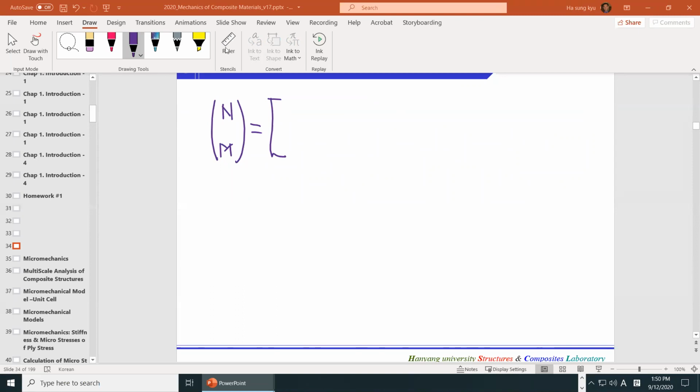And here, E_ST and B and half H plus E_aluminum and B and half H. And the second term, E_ST and the 8, I will write B first.